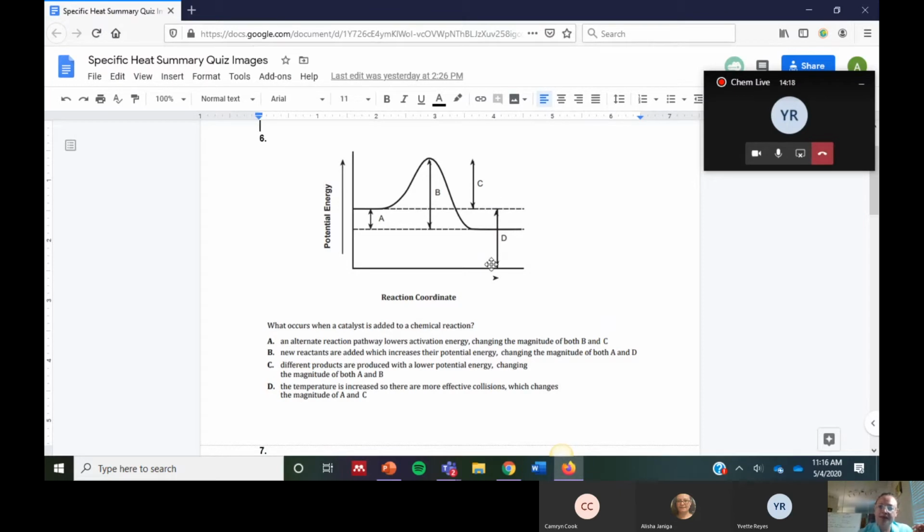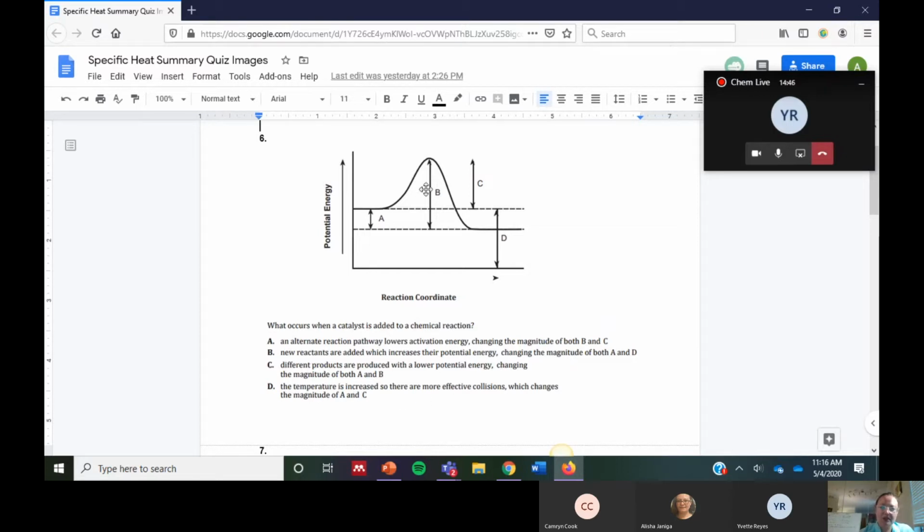So our activation energy, because a catalyst lowers activation energy, is the point from our reactants to the peak. So our catalyst is going to lower this peak down, which is going to change B. It's not going to change A. So A is an option, B is not, C is not, and D is not.